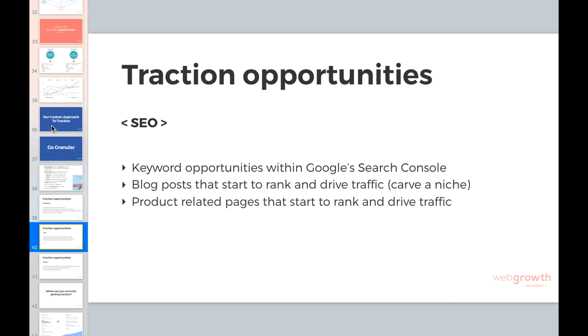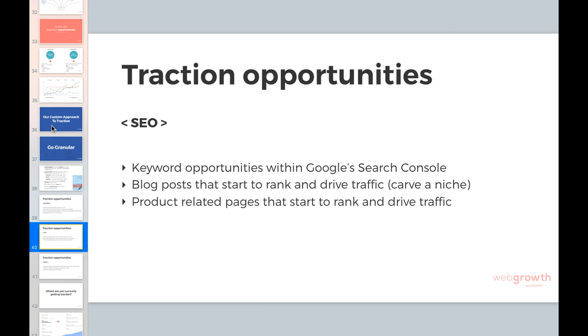For SEO, you definitely need to be looking at keyword opportunities within Google Search Console, and we'll get to that a little later. It's a really cool tool to be able to understand where your keyword opportunities lie if you've integrated Google Analytics and Google Search Console together. Then you have blog posts that start to rank and drive traffic.